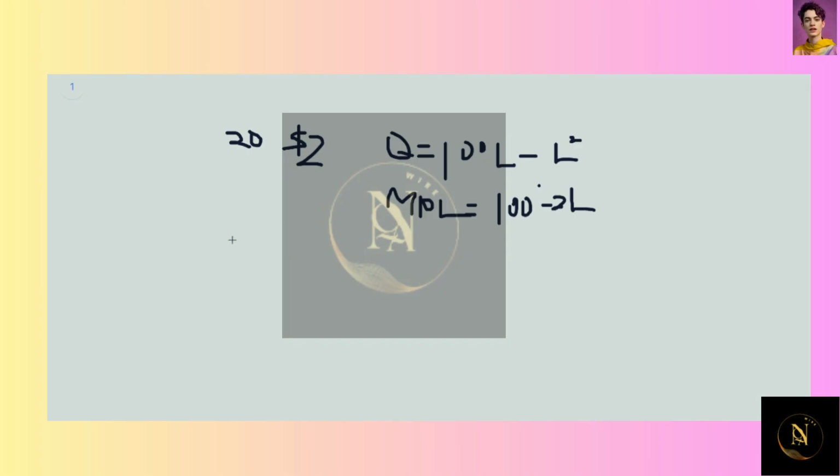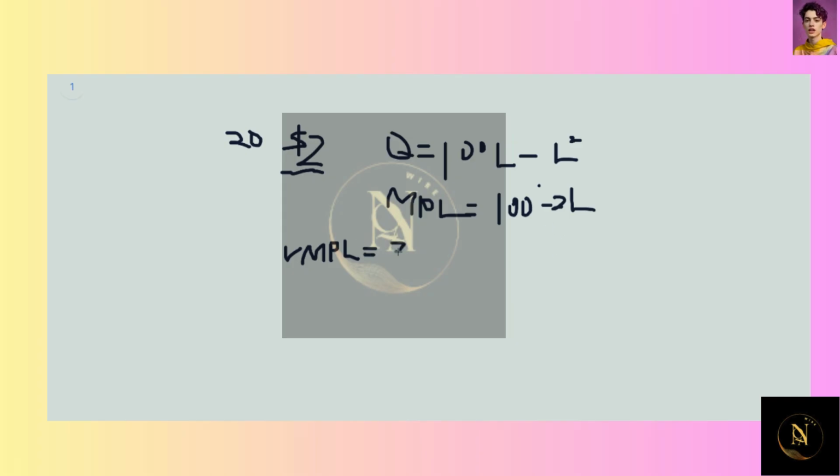So we know that if we have this MPL, this marginal product of labor, times 2, which is the price of the product, which is the price of the apple in this example, that is the value of marginal product of labor, which is 2 times this number.